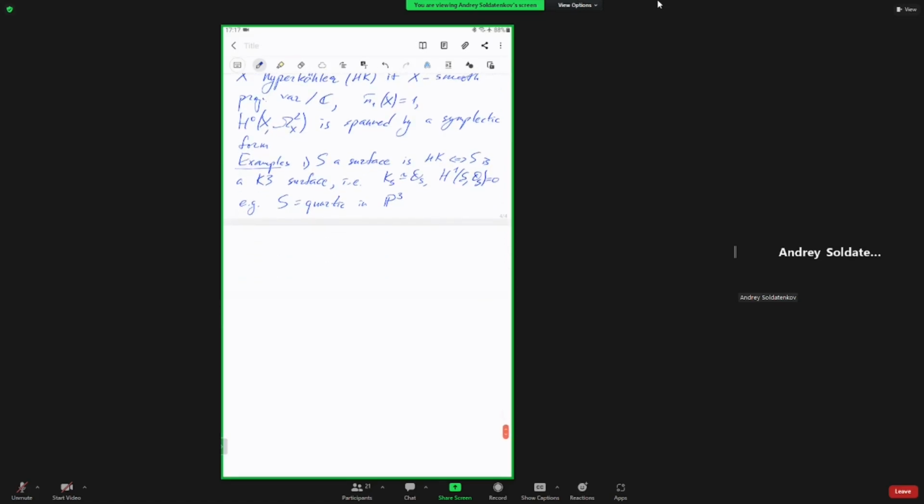Now, starting from a K3 surface, we can produce more examples of hyperkähler manifolds. There is a series of examples in each even dimension. There is the Hilbert scheme of points on a K3 surface.